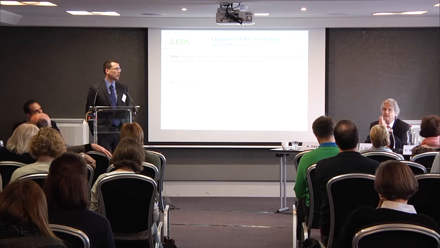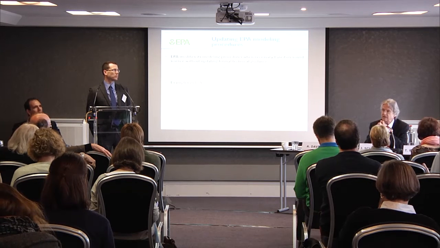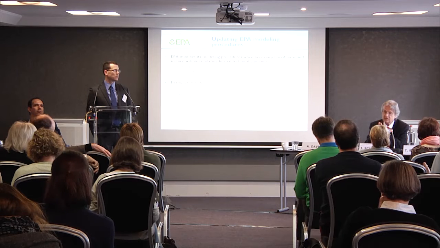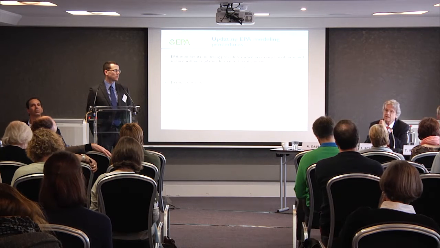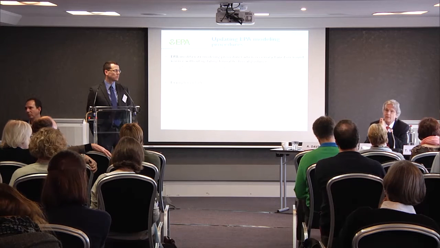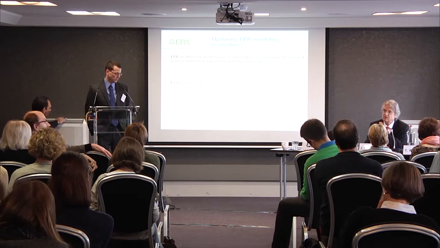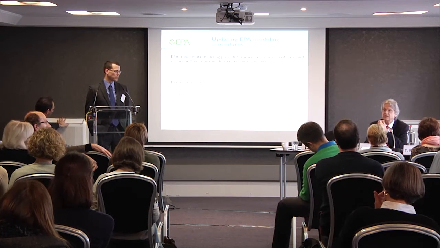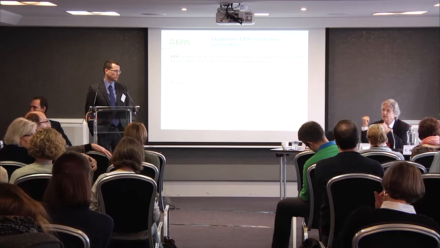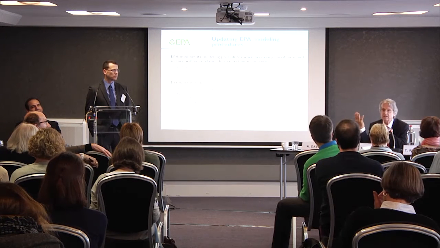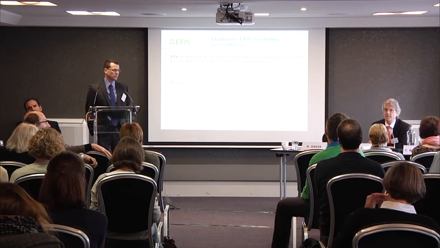That doesn't tell you. It's really the task of a risk assessor to decide where is the borderline between a response and when that response becomes adverse. That cannot be solved solely on statistical criteria. That needs to be considered, and that will come back.